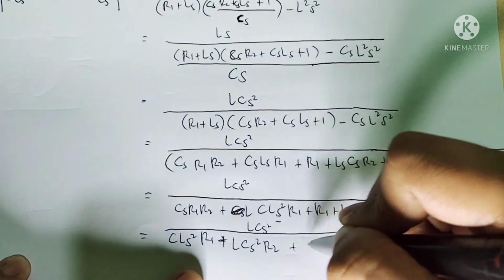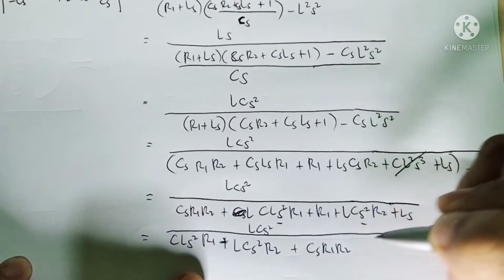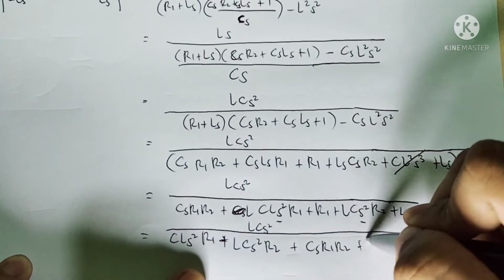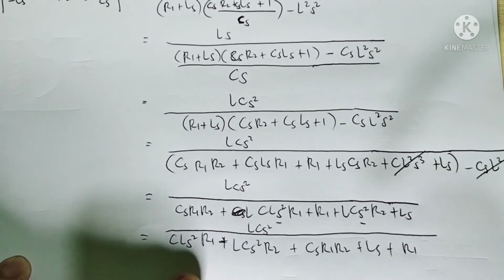Then next, this one is Cs R1 R2, and this one Ls plus R1.